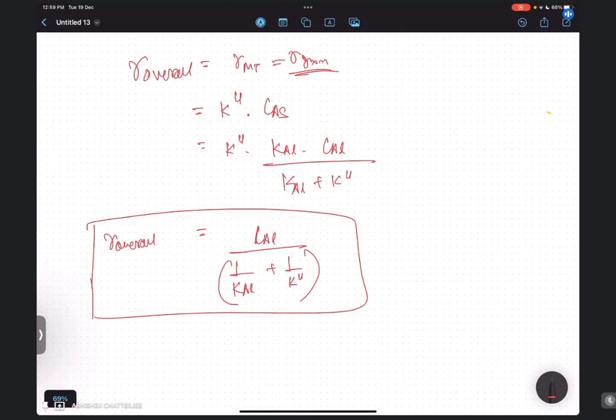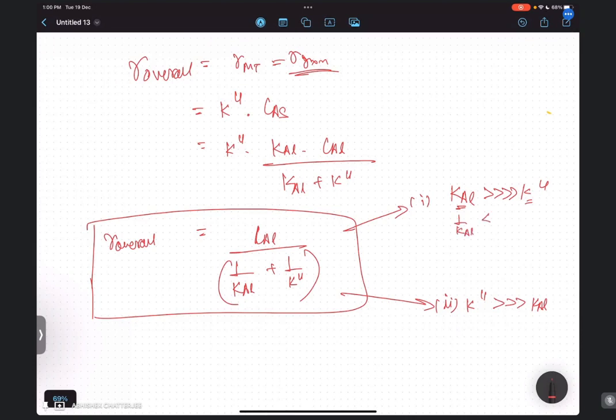And from here only we define two cases. The first case is when your KAL is much greater than your K double dash, and the second case is when your K double dash is much greater than your KAL. When KAL is much greater than K double dash, then 1 by KAL will be much less than 1 by K double dash.